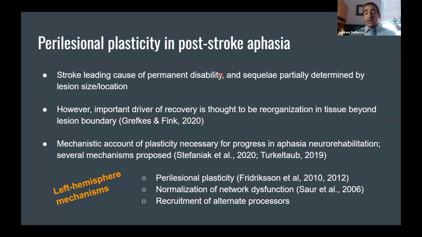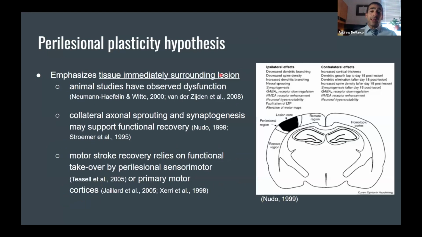It doesn't say it on the slide here, but a common cognitive domain often mentioned is quote unquote domain general processes, and some of my own prior work has found evidence for that. But today we're going to be focusing on perilesional plasticity and the perilesional plasticity hypothesis.